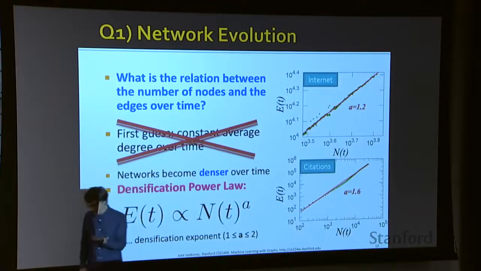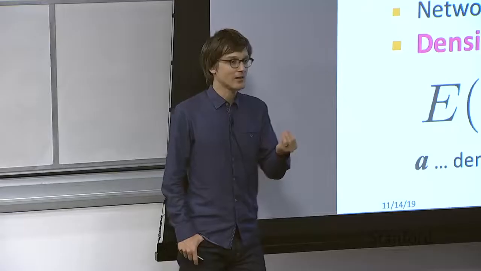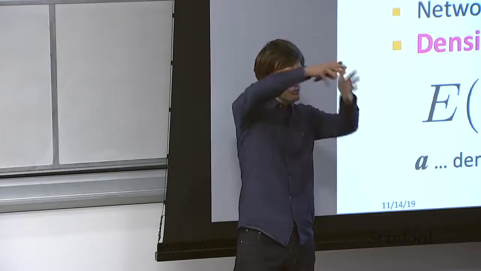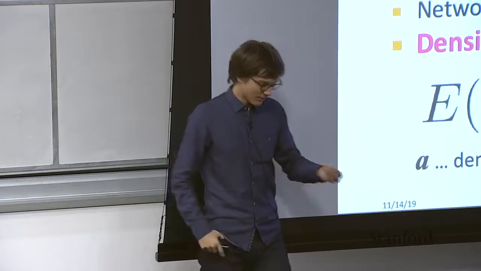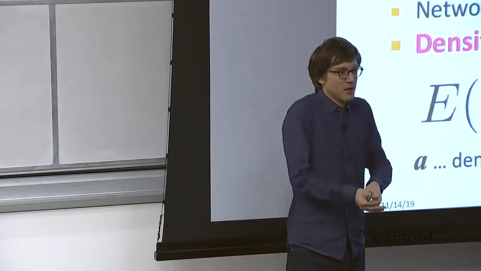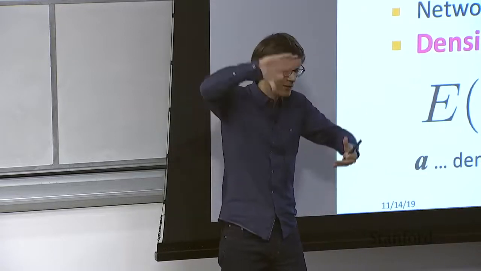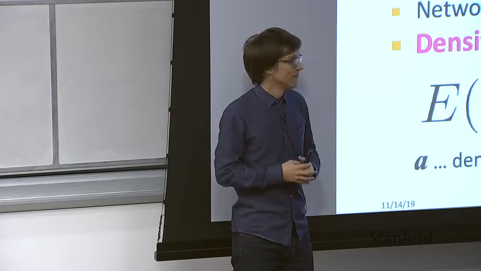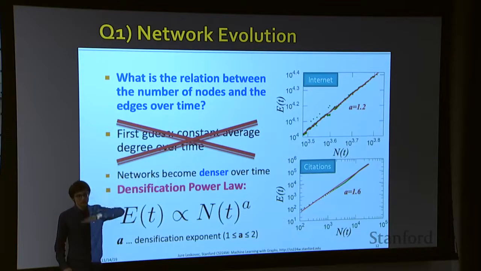The reason why 2 is the most you can do is that this means the number of edges grows quadratically with the number of nodes. And that's how quickly the adjacency matrix grows, right? You cannot increase the number of edges cubically, because the number of possible edges only increases quadratically because of the adjacency matrix size, right? So this means that a will be between 1 and 2.